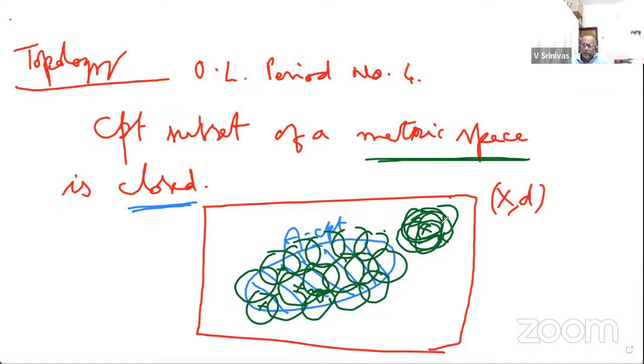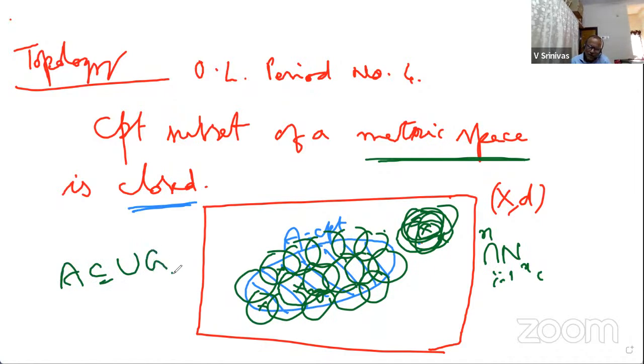Correspondingly, you look at the corresponding neighborhoods for x. If you call these neighborhoods N_xi, you go for their intersection. And A is contained in the union of G_yi, where i equals 1 to n, a finite union of open sets, because of compactness.